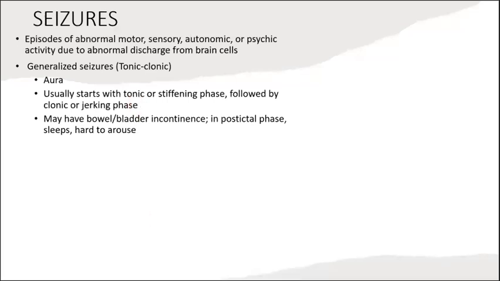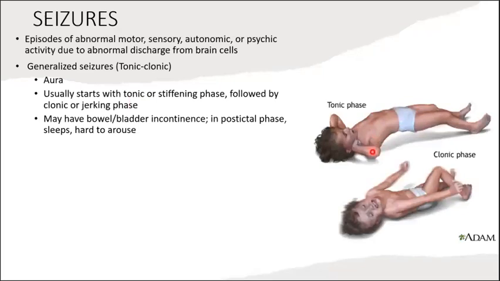So again, we said with tonic seizures, you're going to see stiffening. So they become very stiff, while with the clonic phase, you'll notice this jerking or twitching phase. Again, clients may have bowel or bladder incontinence. And in the post-ictal phase after the seizure, they could fall asleep and they could be hard to arouse.